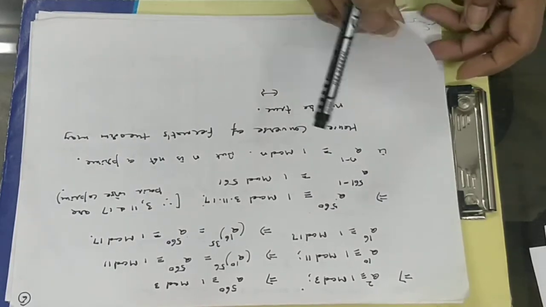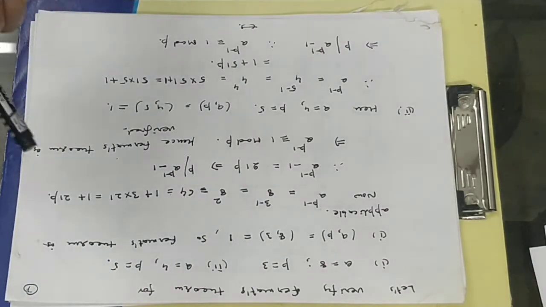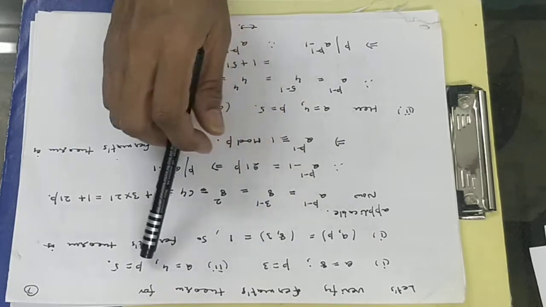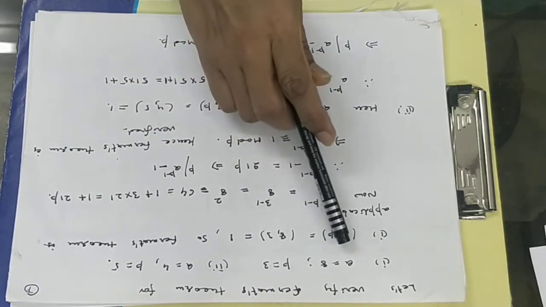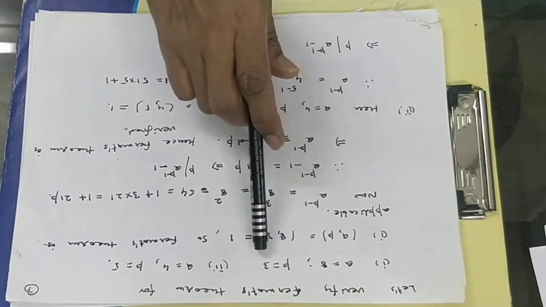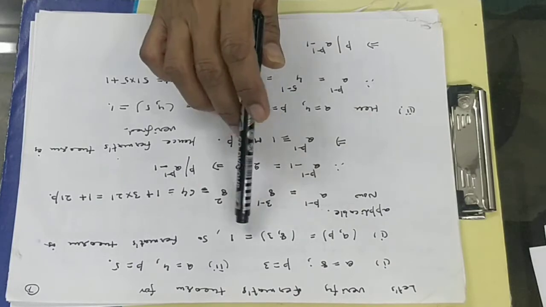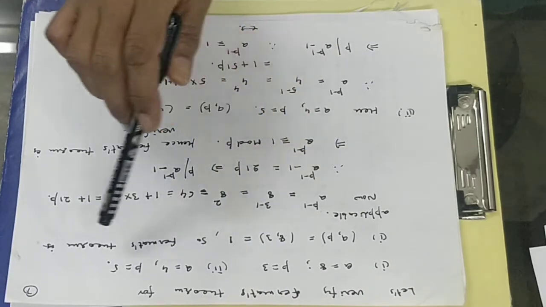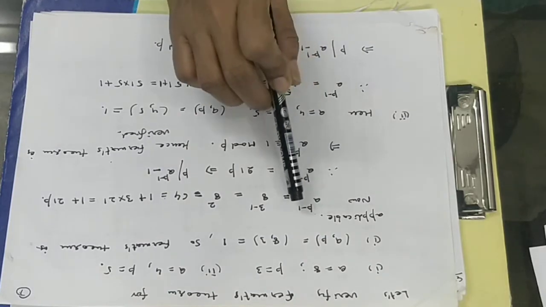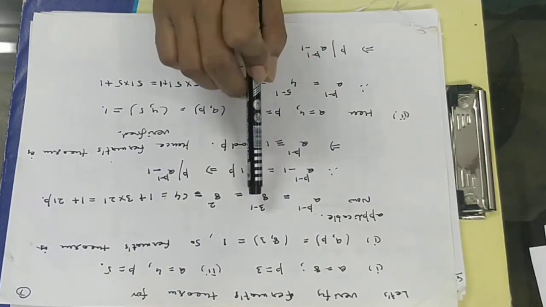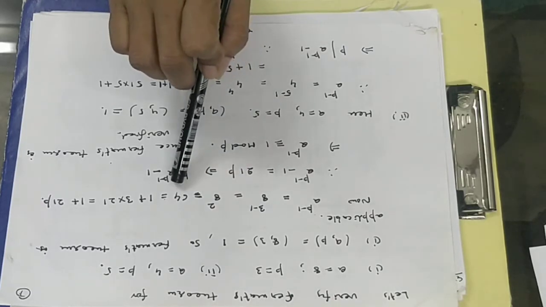Right? Now, these are applications of Fermat's theorem. Let's verify Fermat's theorem for different a's and prime numbers. Let a be equal to 8 and p be equal to 3. Then a and p are co-prime, because 8 and 3 are co-prime, so we can use Fermat's theorem. Therefore, a to the power p minus 1 will become 8 to the power 3 minus 1, that is equal to 8 square, and it is 64.